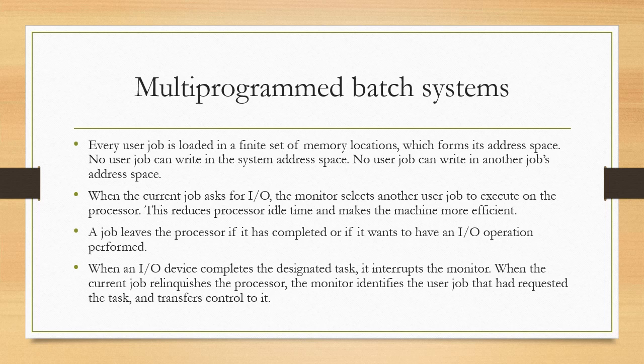When an I/O device completes the designated task, it interrupts the monitor. When the current job relinquishes the processor, the monitor identifies the user job that had requested the task that just completed and transfers control to this job.